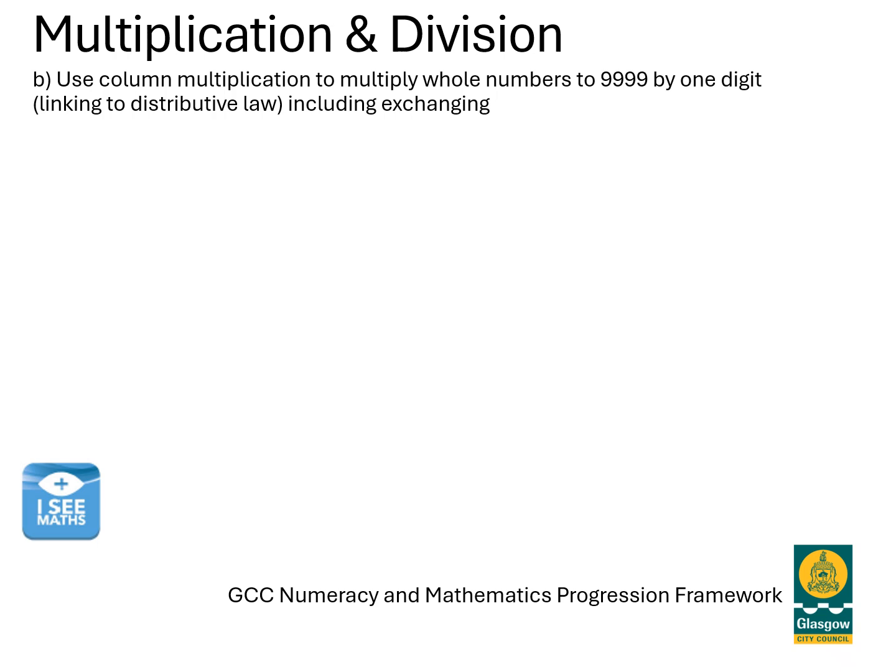Okay, in terms of column multiplication, we're going to be multiplying whole numbers by 1 digit. All right, so we'll start with an example of linking to the distributive law. So if we look at 24 times 6, that should be read as 20 times 6 and 4 times 6.